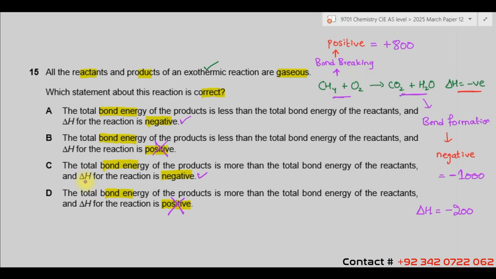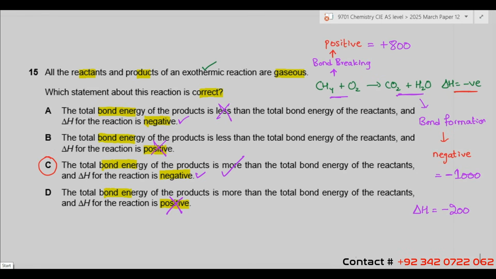Okay, let's look at part A and C. It says the total bond energy of products is less than the total bond energy of the reactants. Do not look at the signs, only look at the values. The value for products is greater than the value of reactants. Only then it can be exothermic. So bond energy of product is more, 1000, than the bond energy of the reactants, 800. So only then the answer will be minus 200. Correct answer is therefore C.